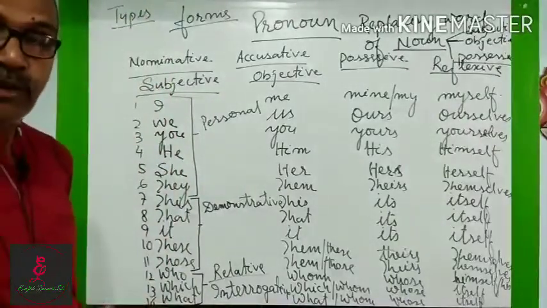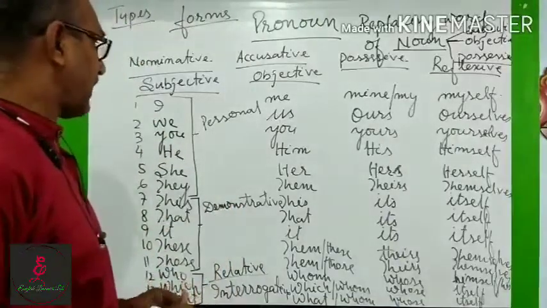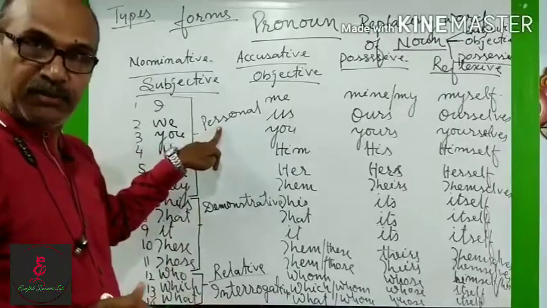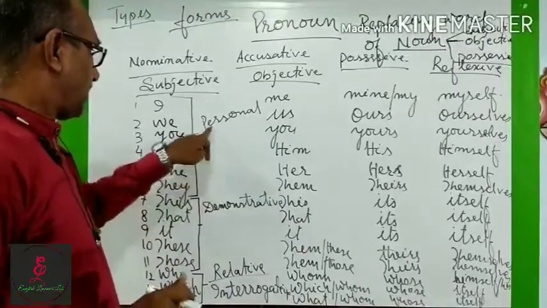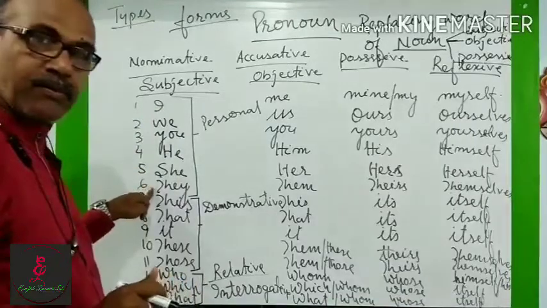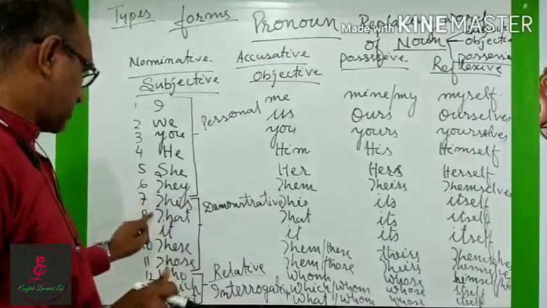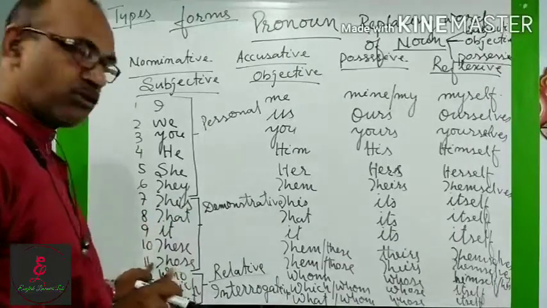how many types we could get from this table particularly? Let us try to understand. First one is personal pronoun. There comes I, we, you, he, she and they. From demonstrative pronoun we get this, that, it, these and those.